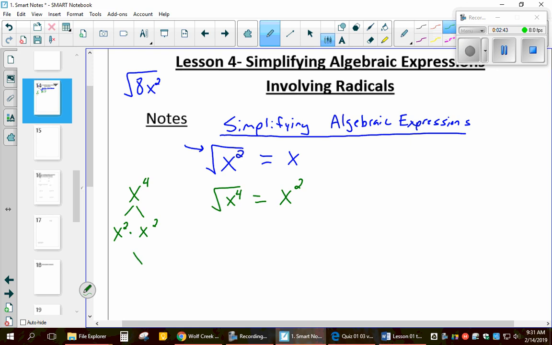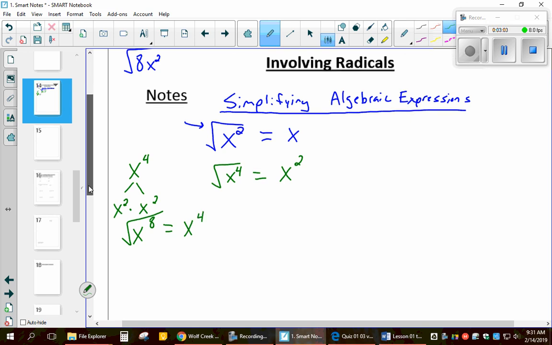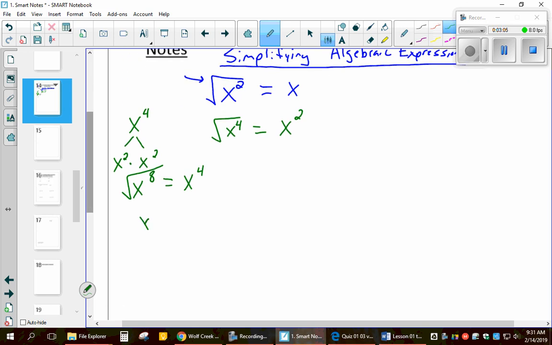What if I had x to the 8 and they took the square root of that? That would be x to the 4. Because x to the 8 would be made up of x to the 4 times x to the 4.